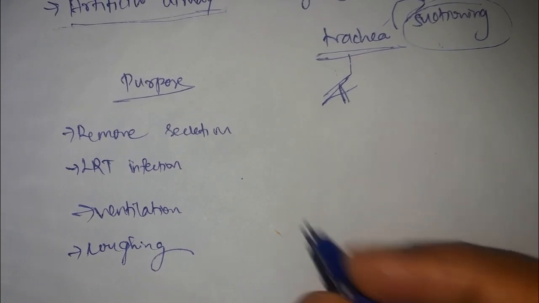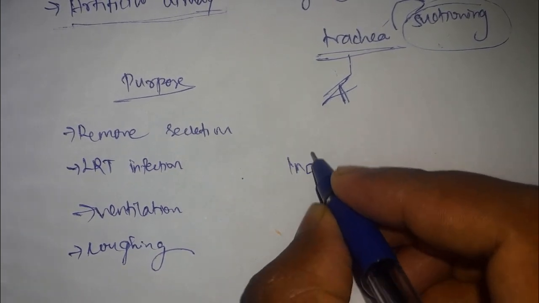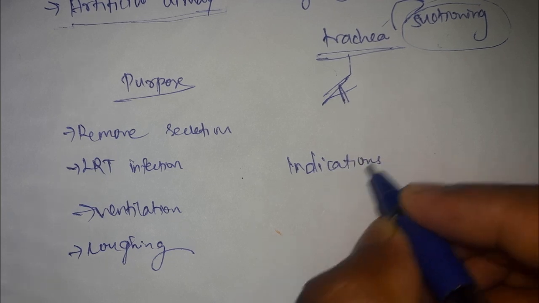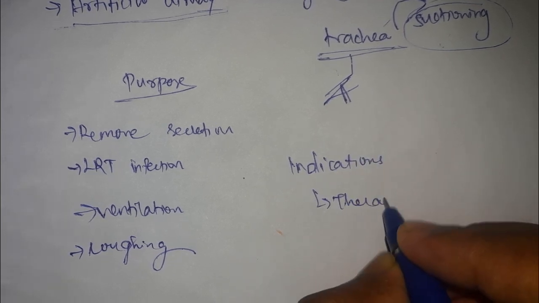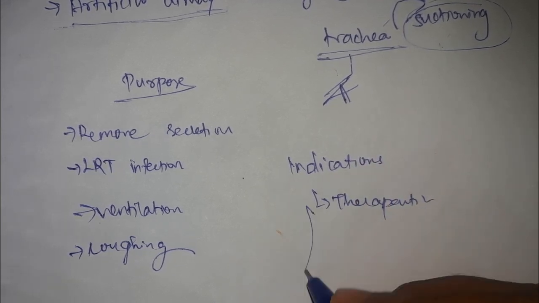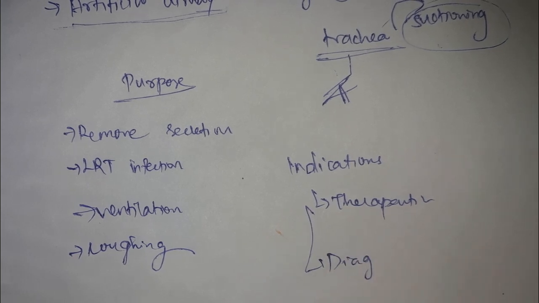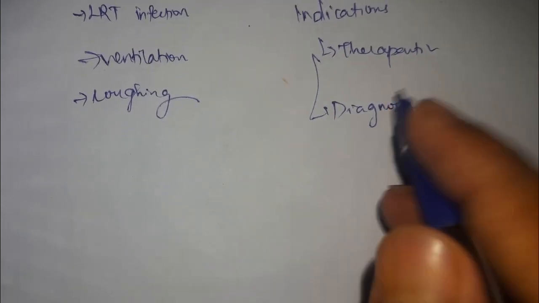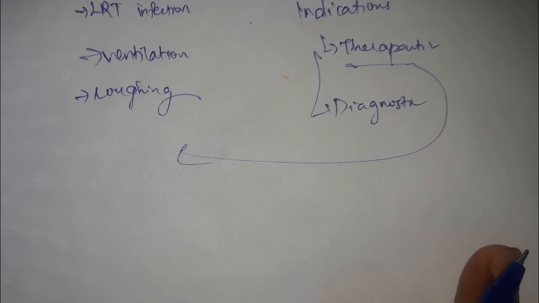For whom are we giving endotracheal suctioning? There are two types of indications: therapeutic indications and diagnostic indications. First, the therapeutic indications.